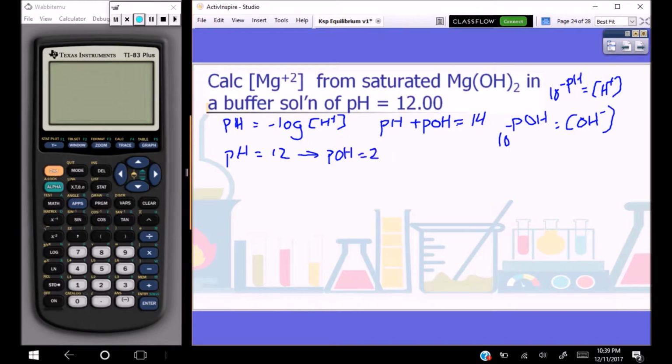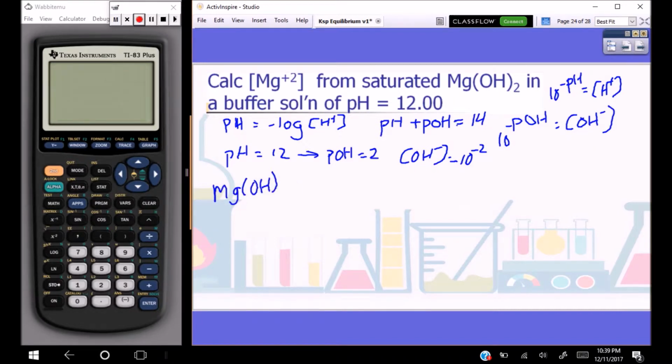And if my pOH is going to be 2, that really means that my concentration of OH that I'm starting with in this problem is 10 to the negative second. Alright, so if we think about our equilibria that we have here, we have magnesium hydroxide.